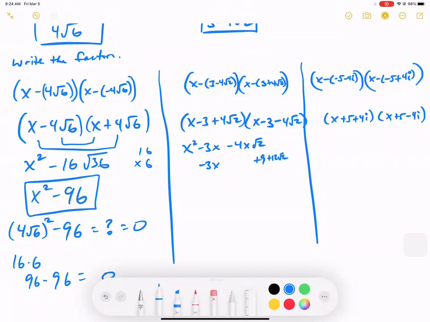And then we're going to multiply them by 4 square root of 2. 4 square root of 2 times x is positive 4x square root of 2. End up with a negative 12 square root of 2. And negative 16 square root of 4. Square root of 4 is 2. 2 times 16 is 32. We're really minusing a 32 here.